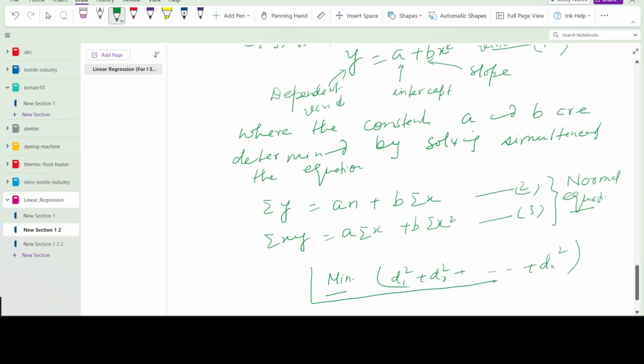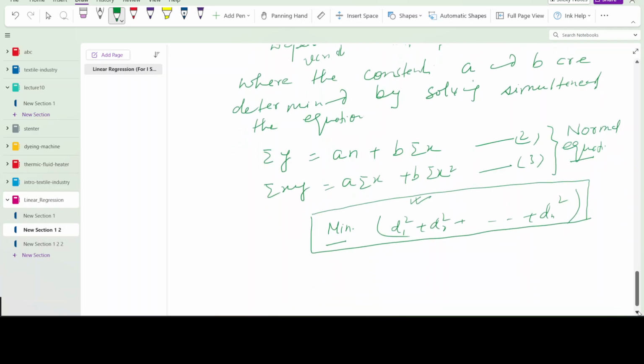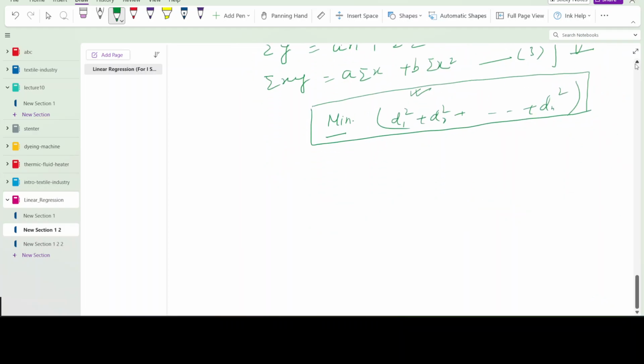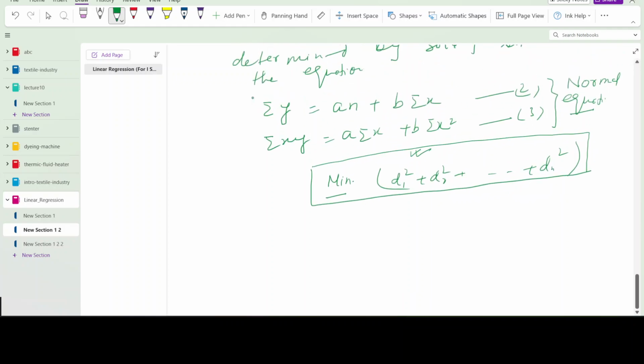One approach for finding these normal equations is to minimize the sum of squares of these vertical distances. We will discuss this method in some other lecture, but for now, what we have written here is for the sake of remembering.